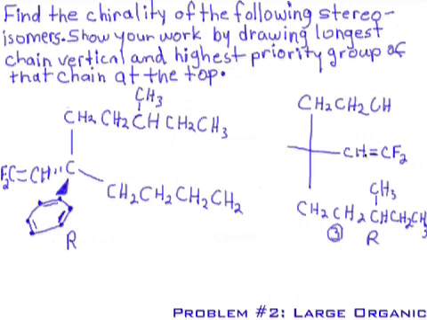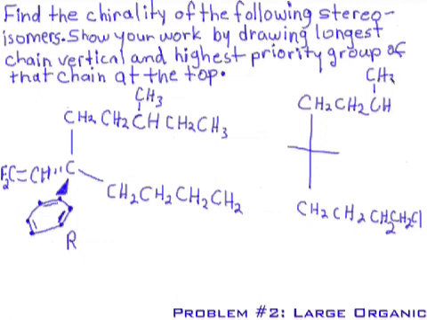If you had drawn the Fischer projection by placing the chlorine chain to the bottom, you would have had a methyl here, a CH2, and that's the CH3.